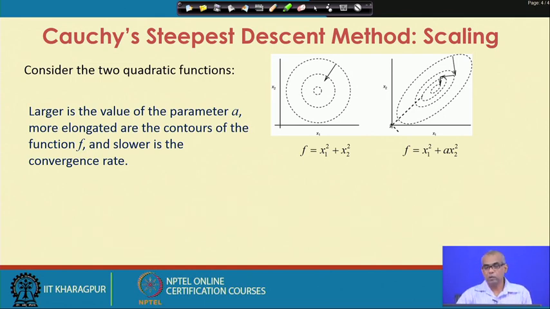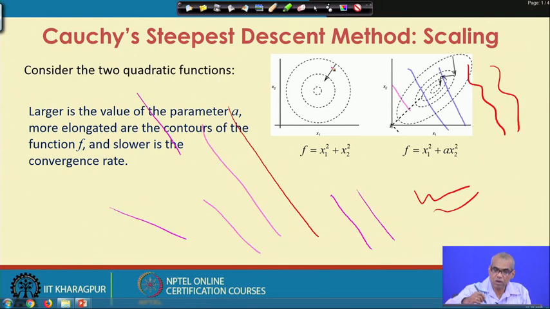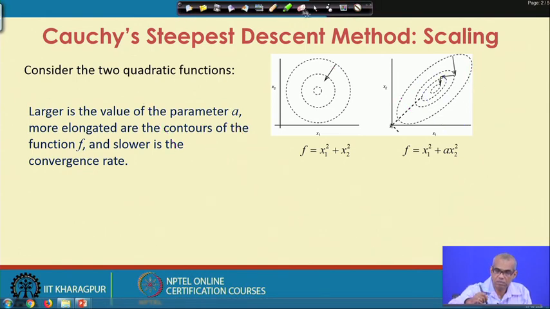Now, you can note that for the first function x1 square plus x2 square, if I start, let us say, from this point, you see that the search direction directly points to the minimum. It is a two-dimensional function, x1 square plus x2 square.